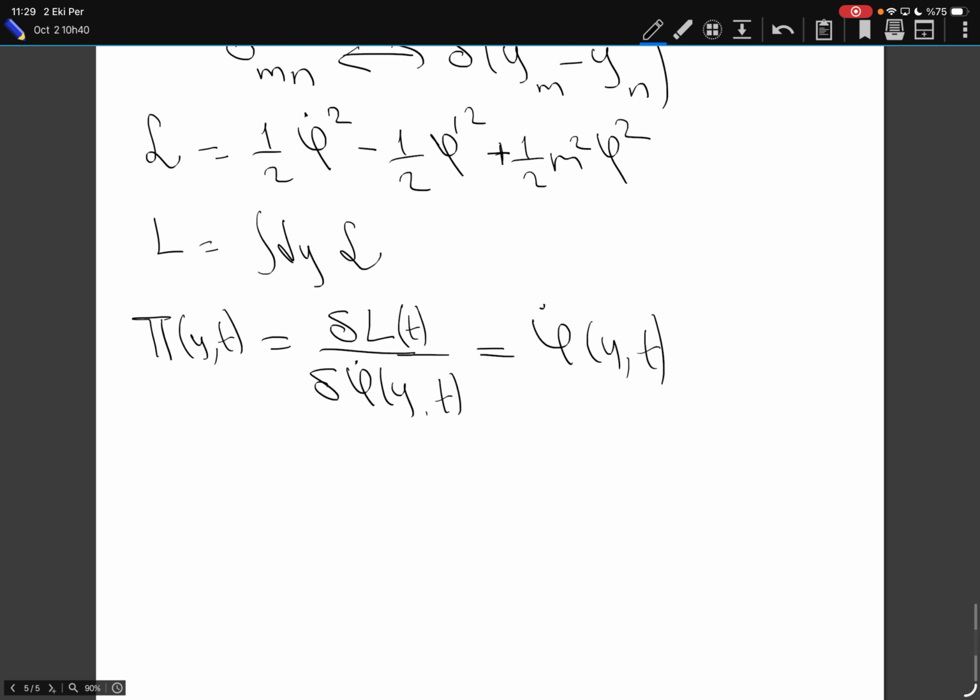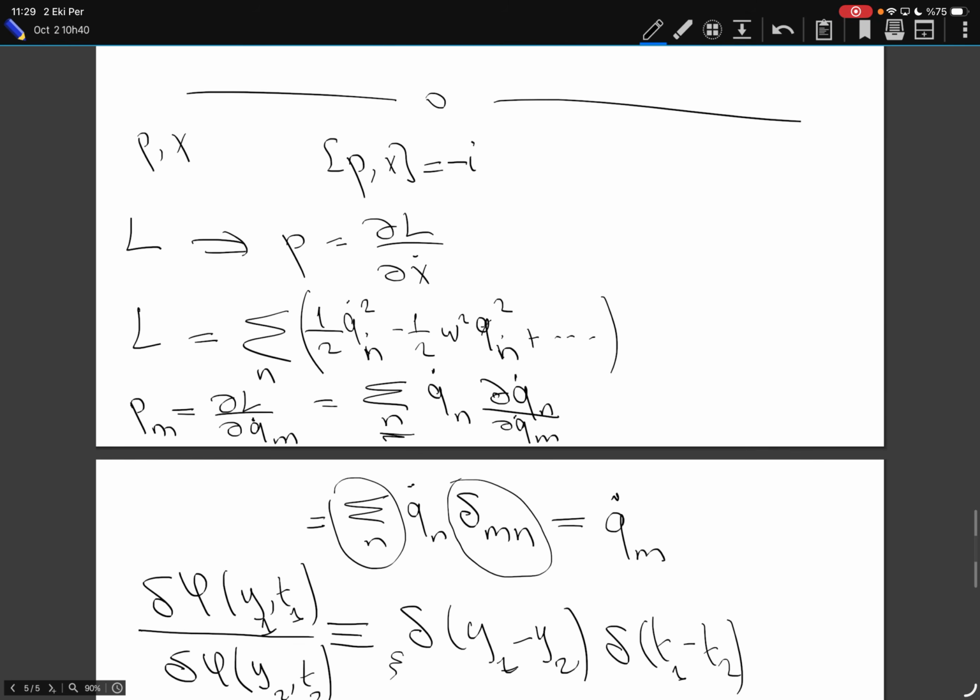Now I have my commutation relation. You see, this was my commutation relationship. Now I have many oscillators, each one with its own coordinate and momentum. If I have the momentum of one oscillator and its commutation with the coordinate of the other oscillator, it should be 0 if they are different oscillators, and minus i if they are the same oscillator.